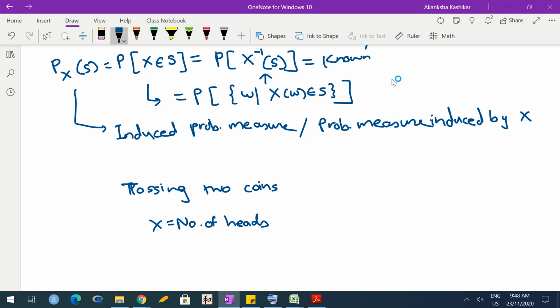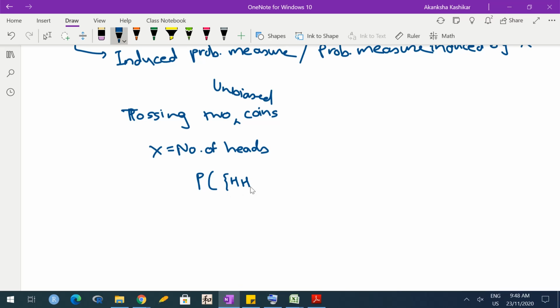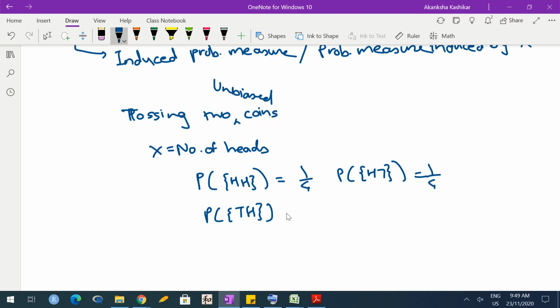Let us assume that the coins are unbiased. So what we know is that probability of HH is 1 by 4. Probability of HT is 1 by 4. Similarly, probability of TH and TT are also 1 by 4. So each of these has equal contribution.